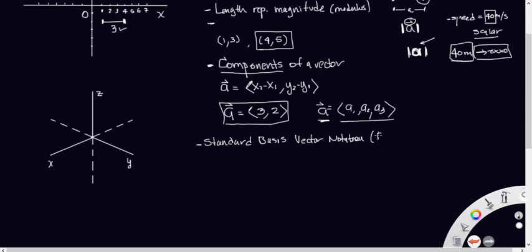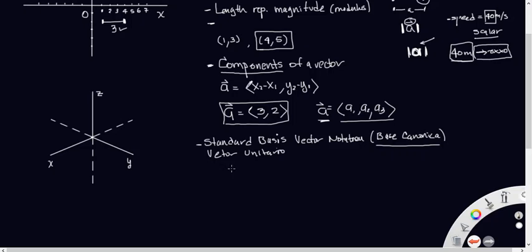In Spanish, this is base canónica, ¿sí? Or vector unitario. Okay, I'm including the Spanish definitions because in English the base canónica is translated into standard basis.